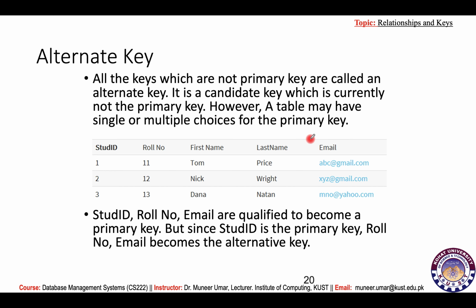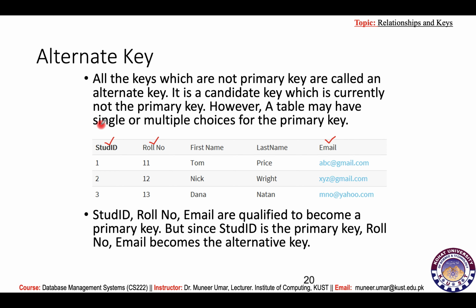Suppose we have a table just like this. There might be many attributes which could be made as primary key. Now if we look into this table, student ID, roll number and email, these attributes seem that they are not giving duplicated values.